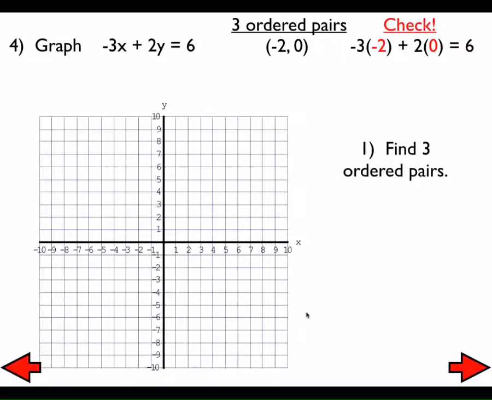The next one, let's see what happens at 0. Aiden? 3 is correct. That will be 2 times something equals 6, so that will be 3. Very good. And then the third one, let's see what happens at positive 2.